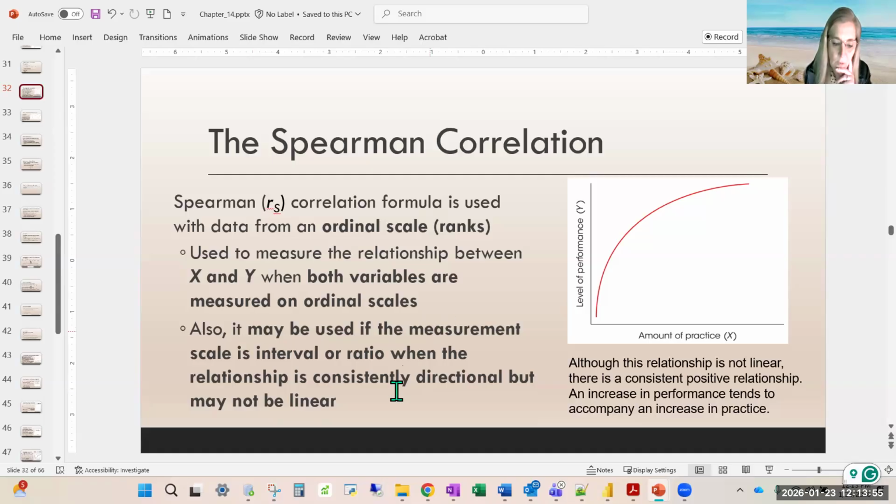It may be used if the measurement scale is interval or ratio when the relationship is consistently directional, but may not be linear. All right. So although in this graph the relationship is not linear, there's a consistent positive relationship you can see by the line. Where you have an increase in performance, you tend to see an increase in practice for this example.